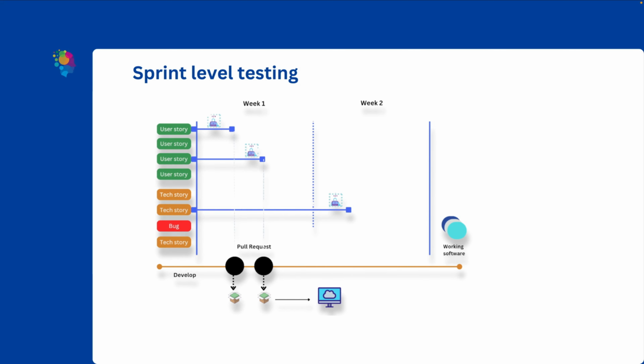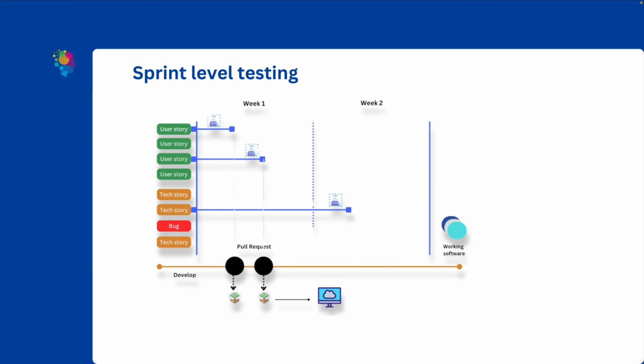In my Agile project, as I mentioned, we are working in sprint level activities, and it's a 2-week cycle. On this diagram, you can clearly see there are user stories, technical stories, and bugs as part of the sprint activity. What happens in a sprint cycle is pretty much the same in every sprint. A user story is worked upon by a developer.